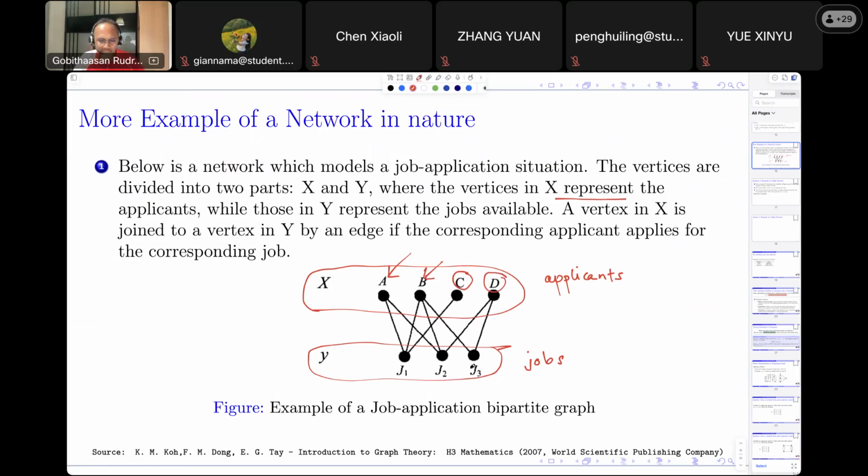There can be such a network. This network is called a bipartite network. Why bi? Bi represents 2. One is applicant, the other one is job. That's why it's called a bipartite network. Of course if you have 3 classes, then you'll have a tripartite graph or tripartite network. Different kinds of network.